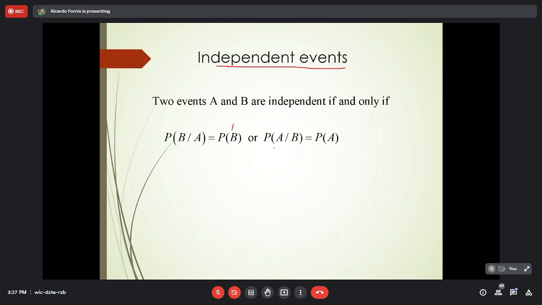Or probability A given B is just equal to the probability of A.